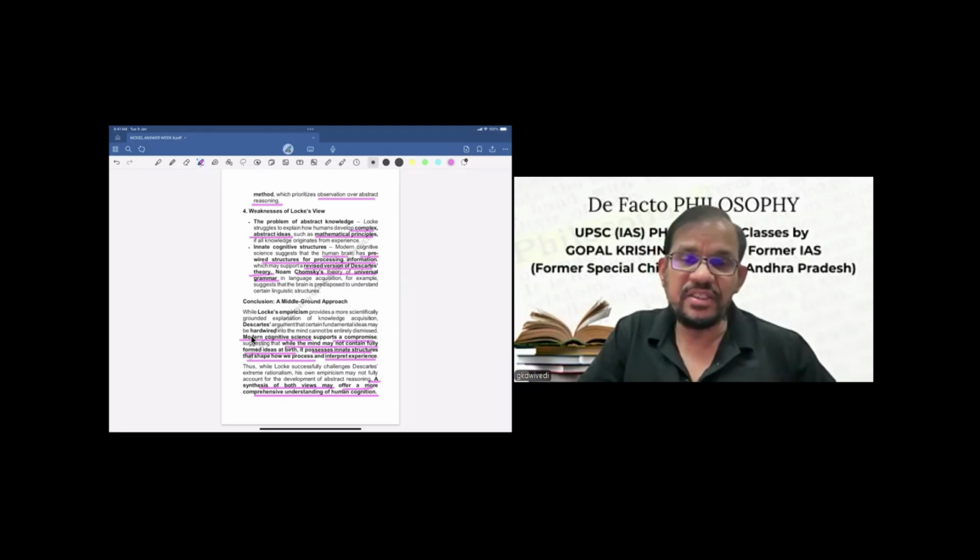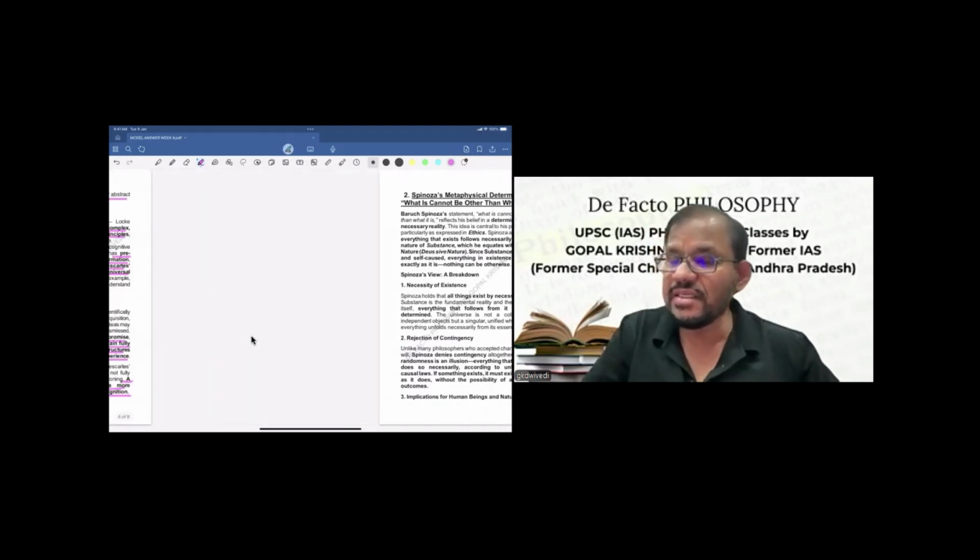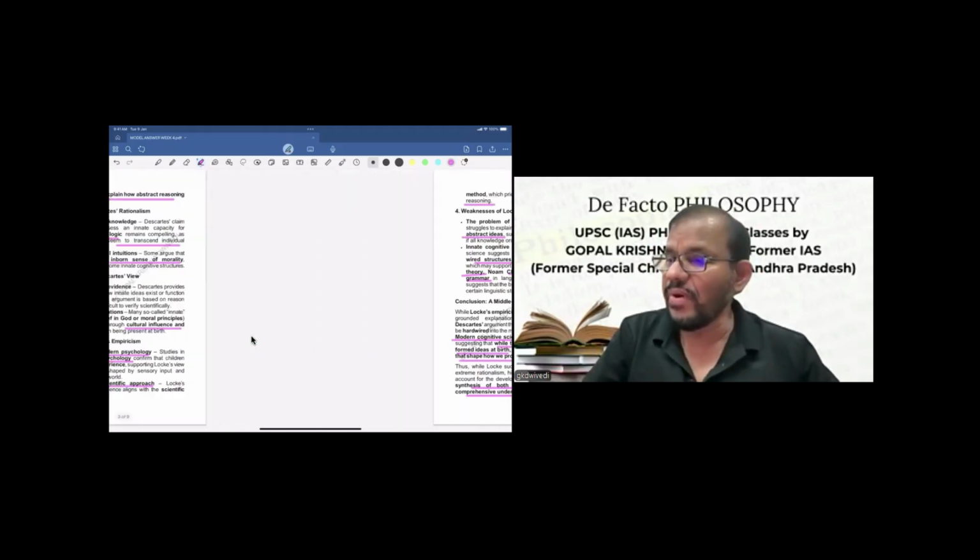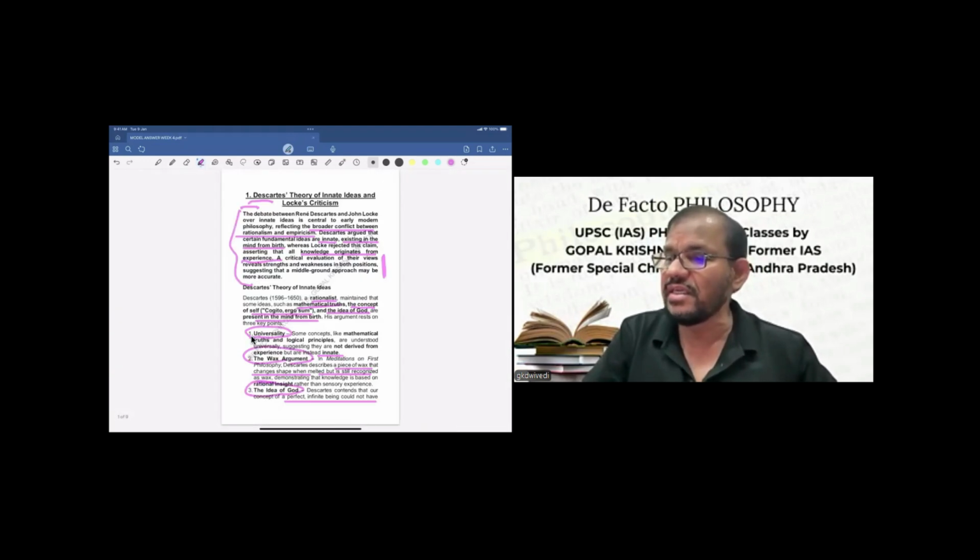Modern cognitive science supports a compromise: while the mind may not contain fully formed ideas at birth, it possesses innate structures that shape how we process and interpret experience. So, a synthesis of both views may offer a more comprehensive understanding of human cognition. This is a balanced answer as far as this topic is concerned.